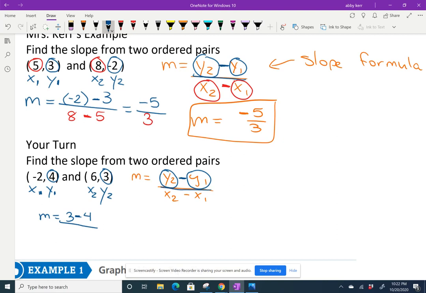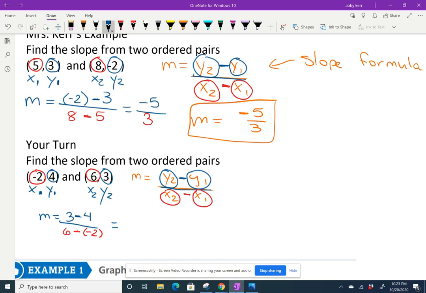Division bar. My x2 says 6. Now be careful here. My minus comes from the formula, but then look what my x1 is. My x1 is -2, so I have to put that in parentheses. It's just a habit, but I highly recommend it. So then we just simplify.